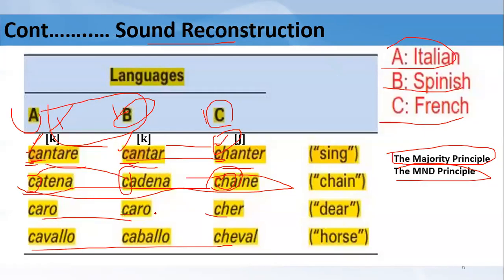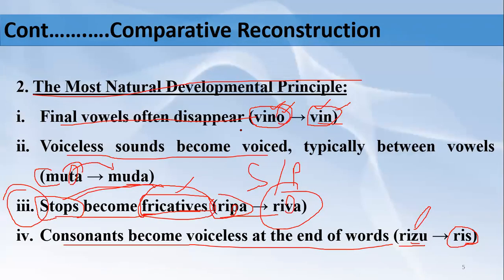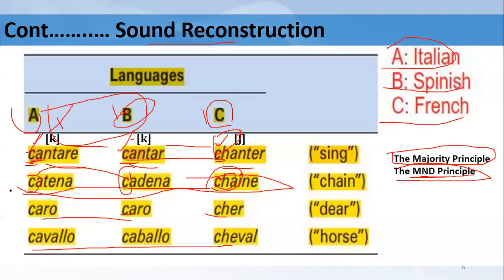Now if we look at this example and we apply the most natural developmental principle, we will come to know which sound is the original one, the proto one. So we have ka here, and we have sha. Rule number two of the majority principle reads that stops become fricatives. If you look at this, ka is the stop sound, the plosive sound, while sh is the fricative sound.